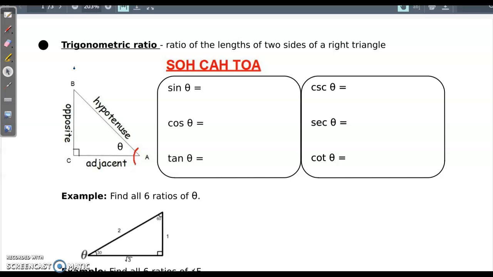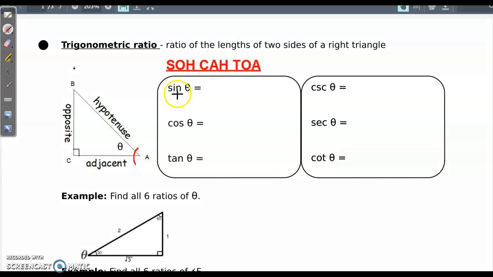The acronym SOHCAHTOA is used so you can easily remember how to define sine, cosine, and tangent. So these ratios help you find missing lengths of a right triangle.